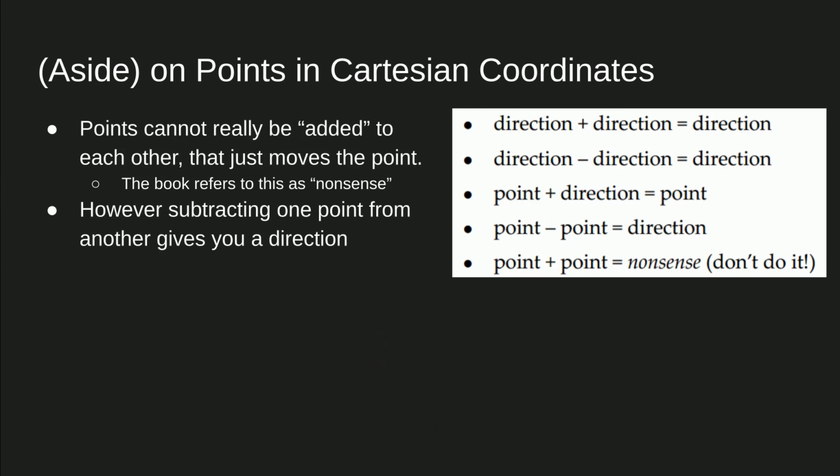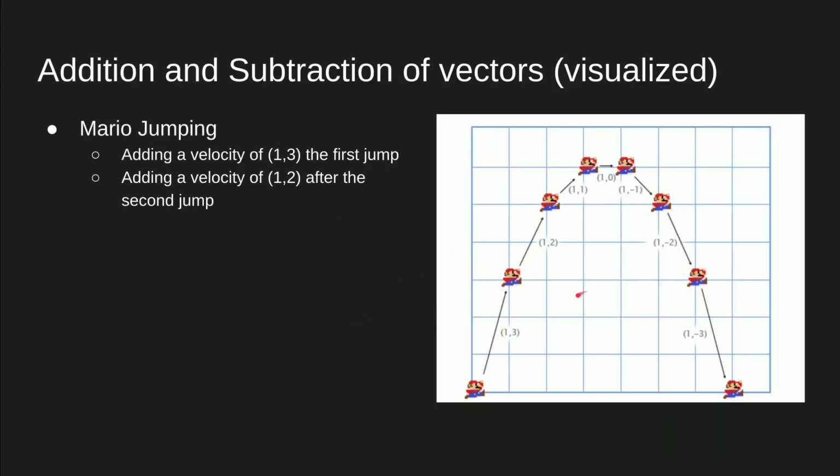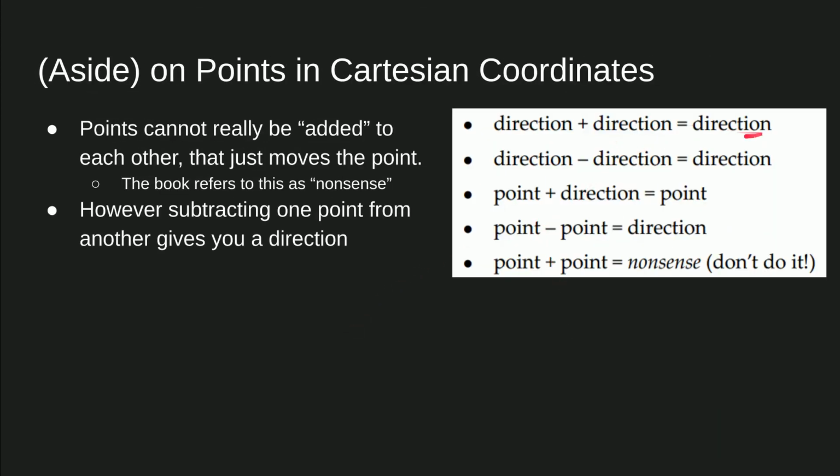Something to keep in mind when you're working with points in Cartesian coordinates: we can add directions, just like we did in the Mario case where we're adding velocities, and get a new direction. We can subtract directions and get a direction as well. We can add a point plus a direction, and then we get a new point back. You can imagine it just moving around. We can subtract two points and get a direction, but if we add two points, that doesn't really make sense.